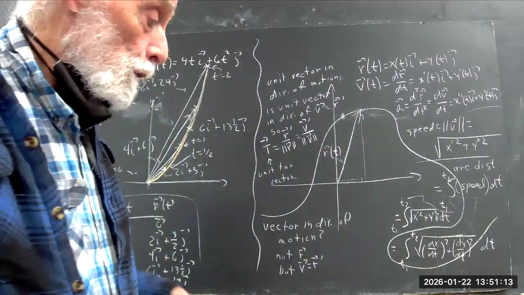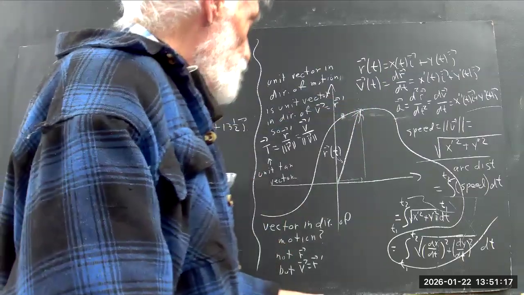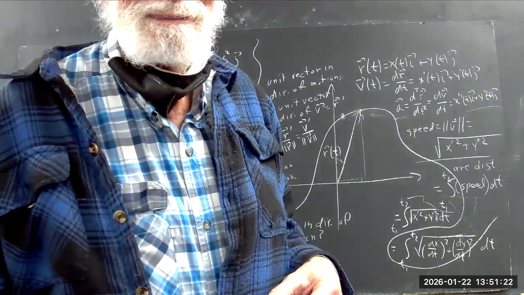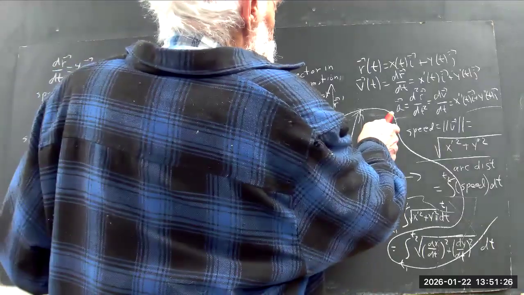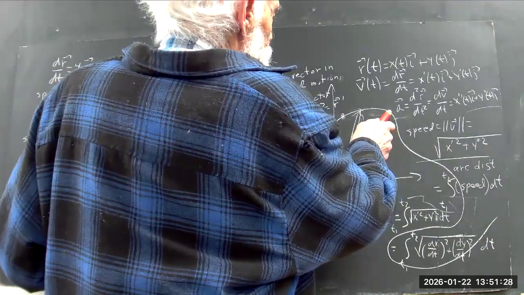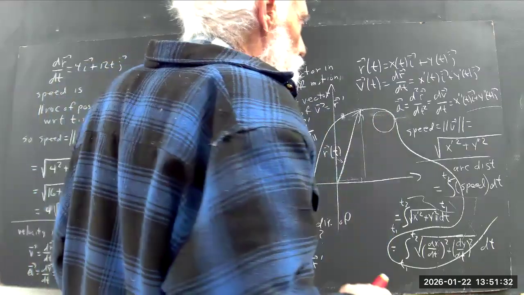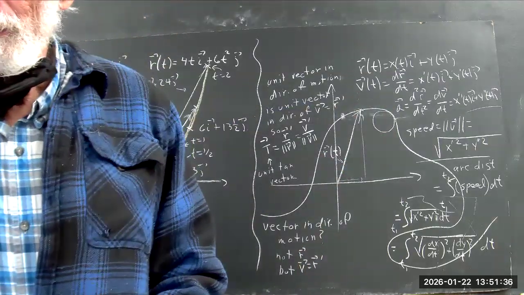Okay, what's the direction of the centripetal acceleration? It's toward the center of the osculating circle. Everybody has to see the osculating circle. It's just a circle that matches this curve for a short time. Actually, an infinitesimally short time. It's kind of a circle tangent to the curve.